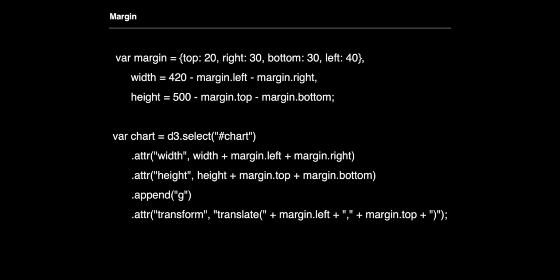So the bar chart looks great, but what if we wanted to add some more stuff to it and just make it even better? Let's say we wanted to add a margin around the bar itself, so we can include an axis at the bottom and add some other elements around the chart itself. To do that, we have to add a margin around the chart inside of the SVG element.